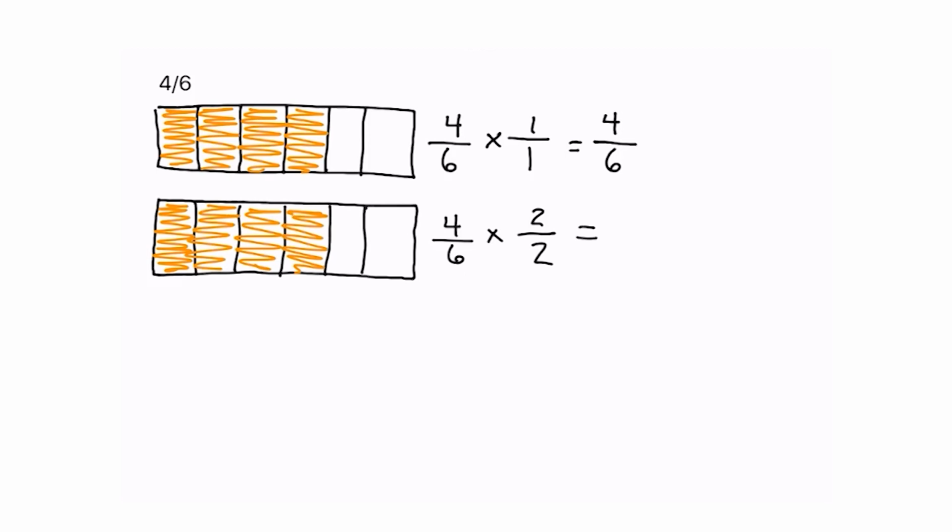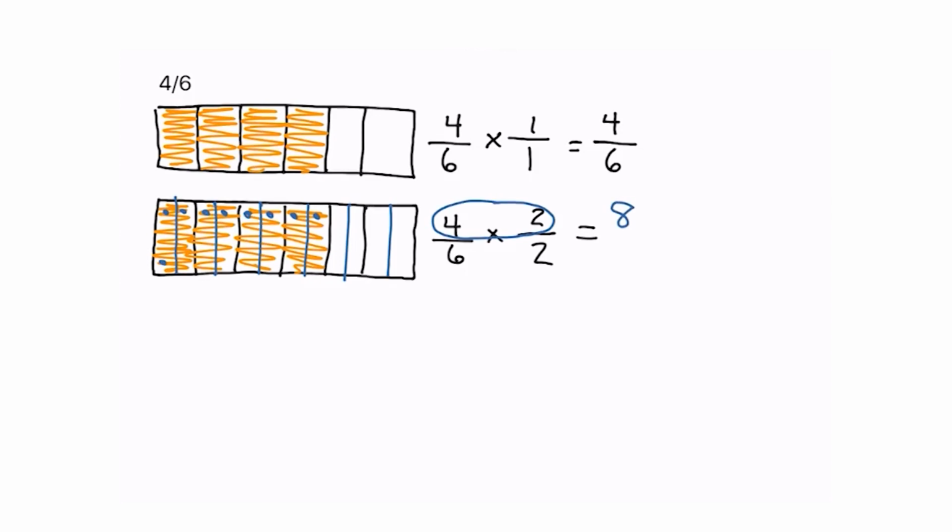So with the picture model, I need to cut it up. So if I'm timesing this by 2 over 2, I'm going to break each section of the fraction up into 2 pieces. And then I could count that to solve it. So if I were to count it, I'd have 1, 2, 3, 4, 5, 6, 7, 8, which is like here, 2 times 4 is 8.